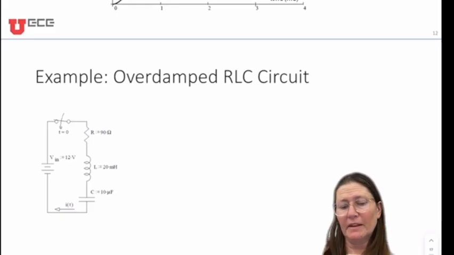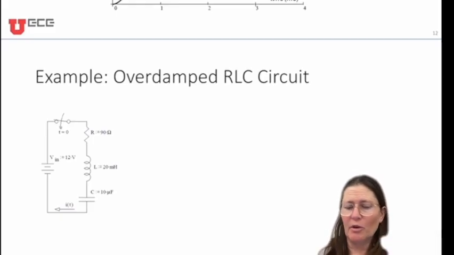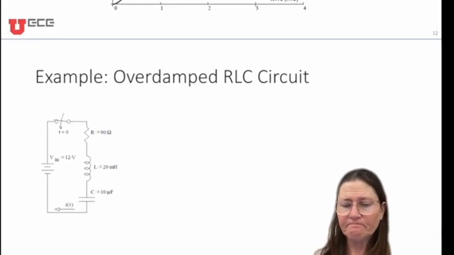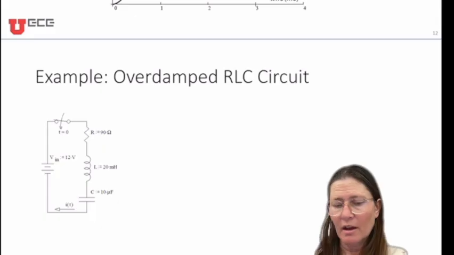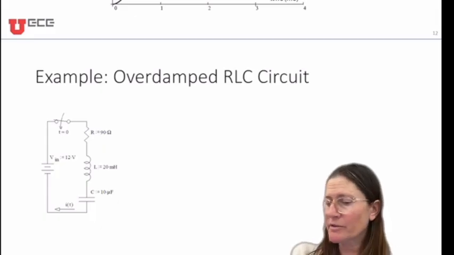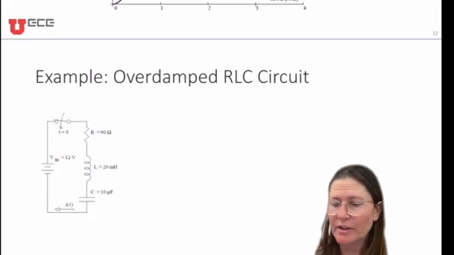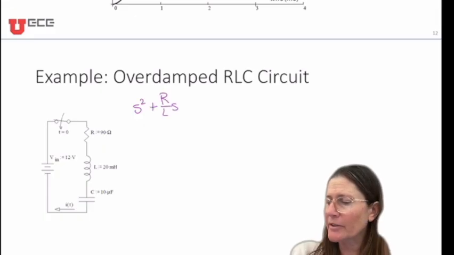So let's look at this particular example. We already did this solution. So it's s squared plus R over L s plus 1 over LC equals 0.